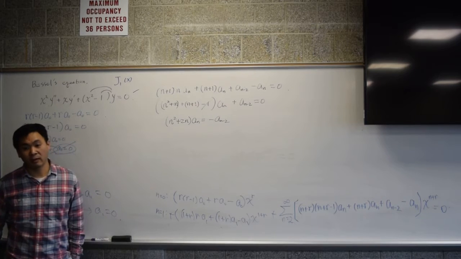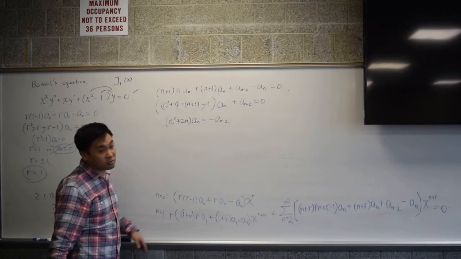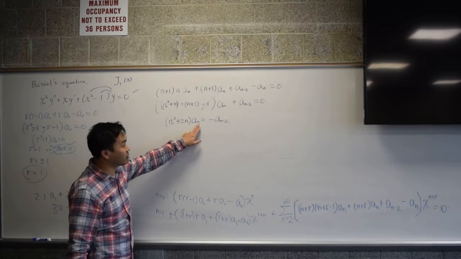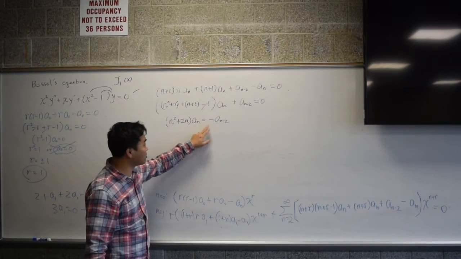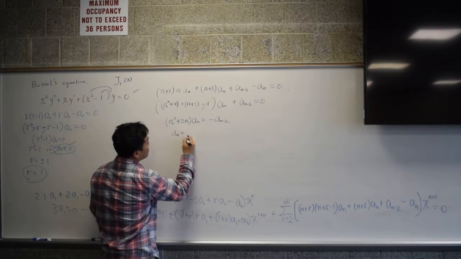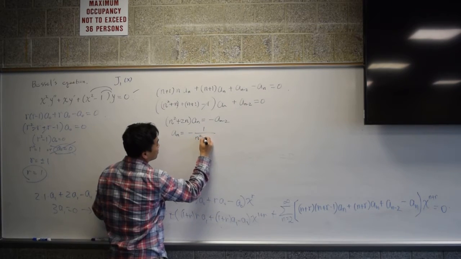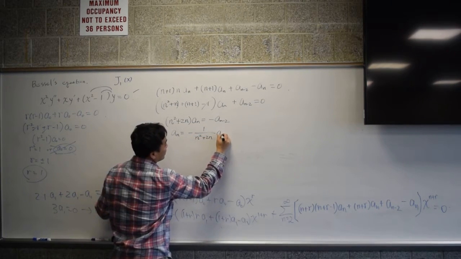And for the Frobenius method, you're supposed to solve with respect to the higher index, right? So since n is bigger than n minus 2, I have an equals negative 1 over n squared plus 2n, times an minus 2.